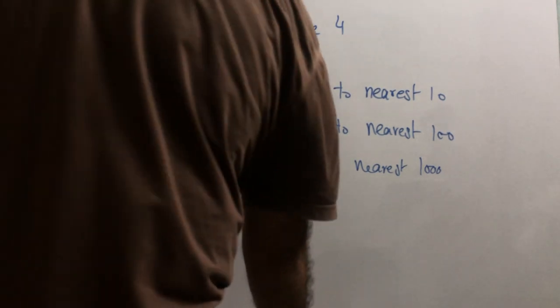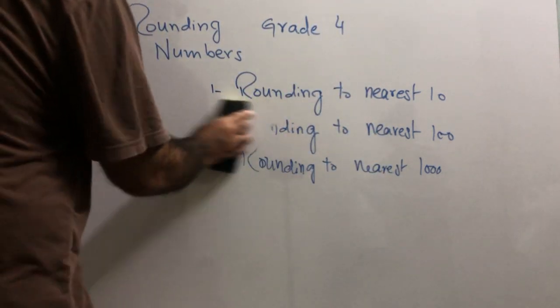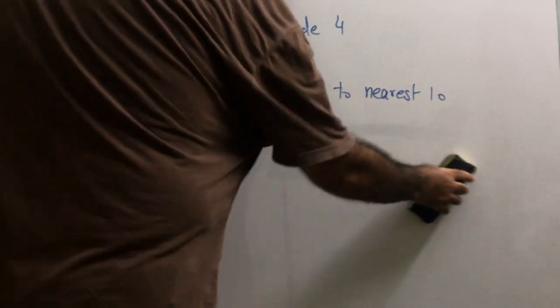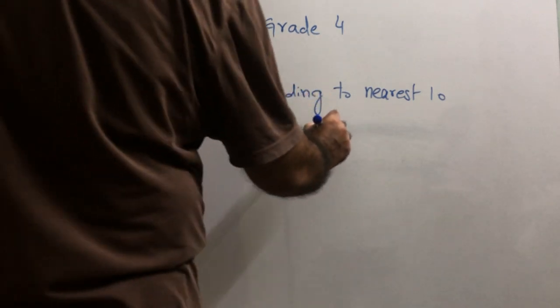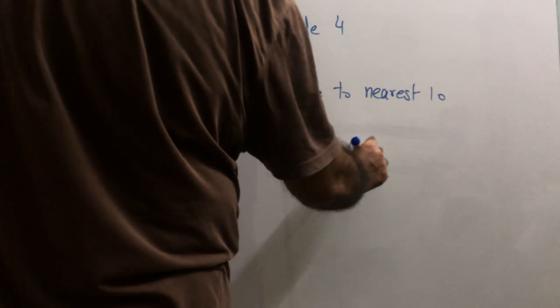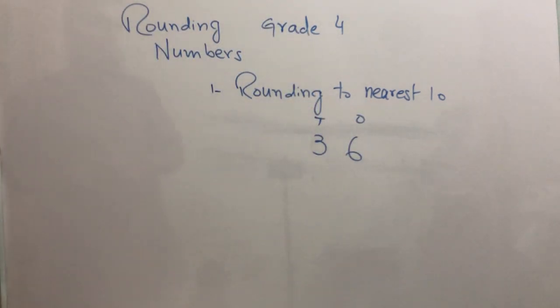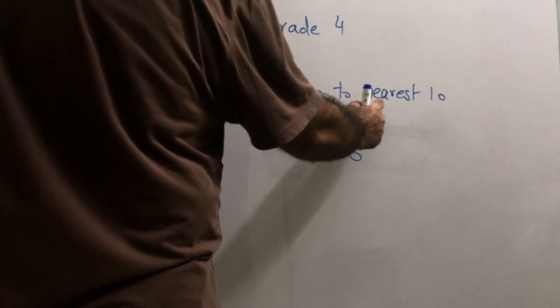We will be starting from rounding to nearest 10. So you need to just observe the rules. If we have a number 36 and we need to round it to nearest 10, so just underline it, it is nearest to 10.